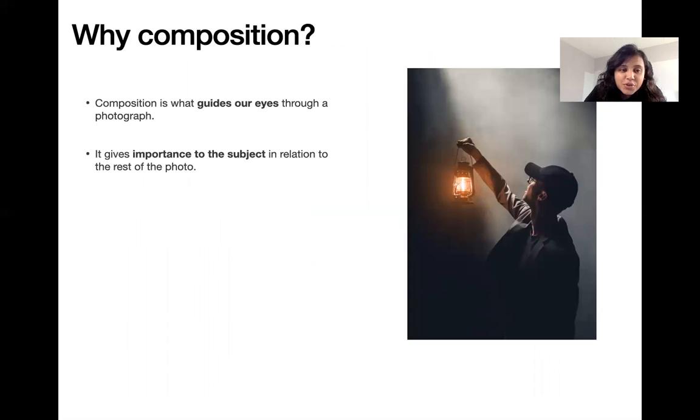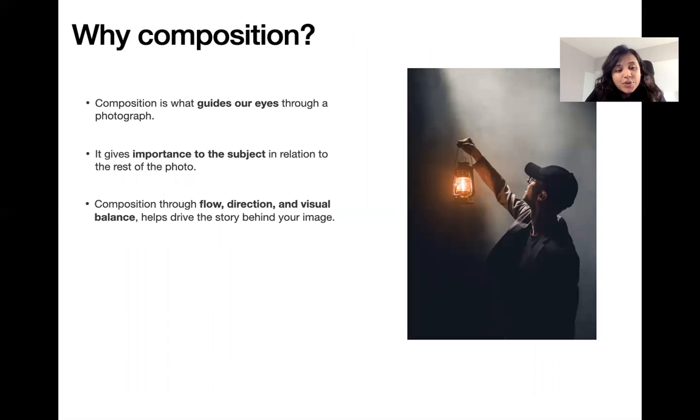What does food composition do? It guides our eyes through the photograph. It tells us what is important in the subject in relation to the rest of the photograph. Composition through flow, direction, and visual balance helps the story behind your image.